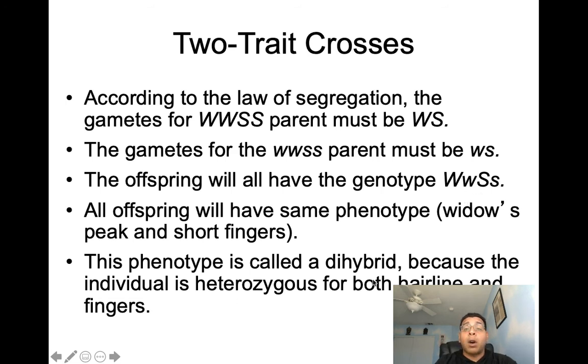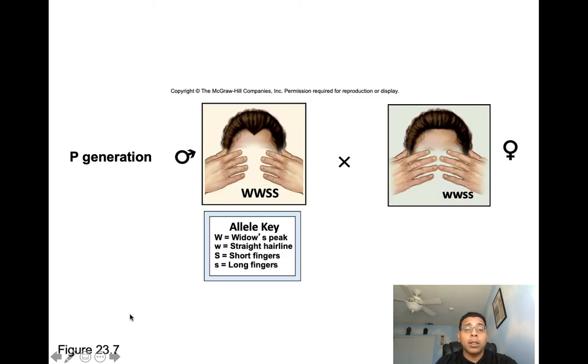This phenotype is called a dihybrid because the individual is heterozygous for both hairline and finger length. So let's check that out. So in the P generation, the parent generation, we said we had a parent that was capital W, capital S, and that parent you can see is homozygous dominant, and they're going to mate or reproduce with a parent who's also homozygous but recessive.